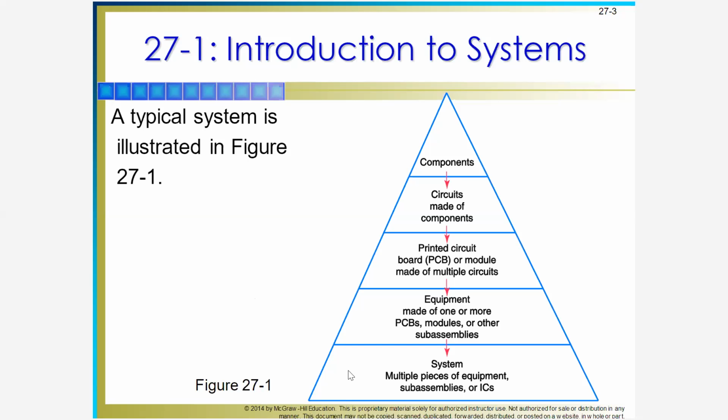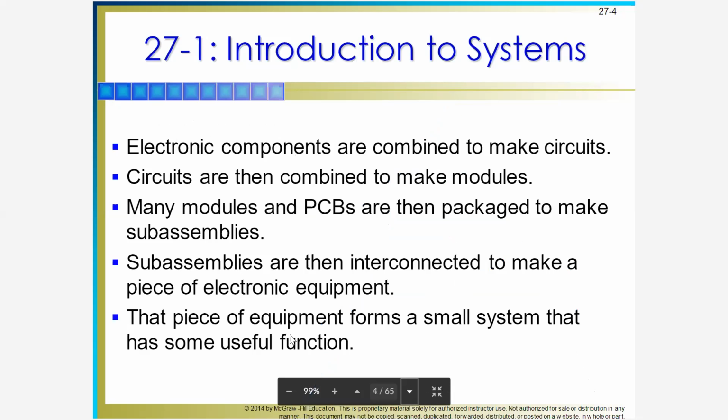Next, electronic components are combined to make circuits. We already discussed it, for example, the connection of a resistor or a capacitor, and also a diode, to form a circuit.